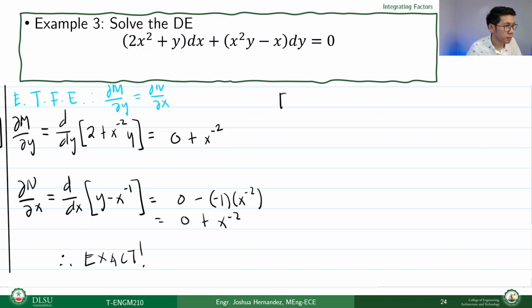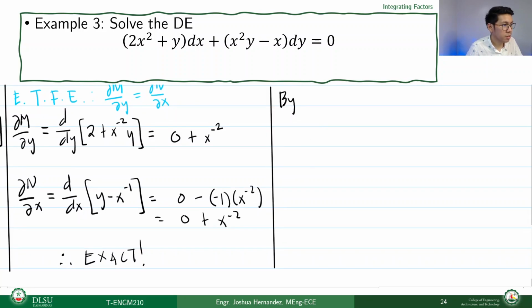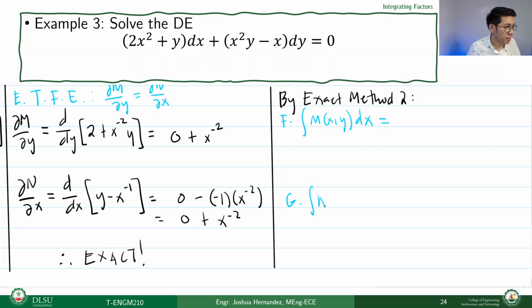So by exact method 2, we're gonna get step F. Integrating m of xy dx, and then of course, the next step would be integrating n of xy dy.